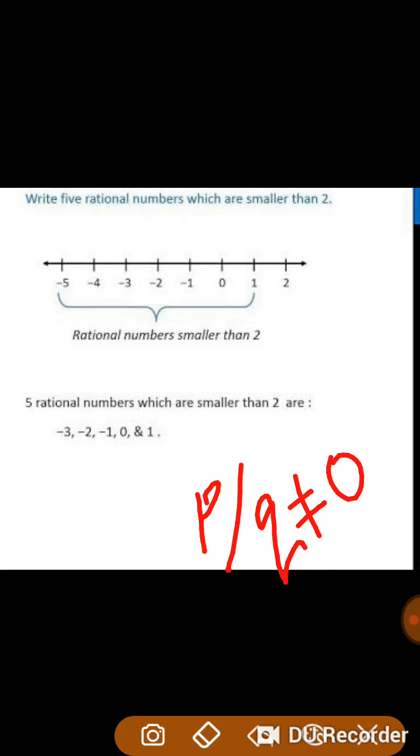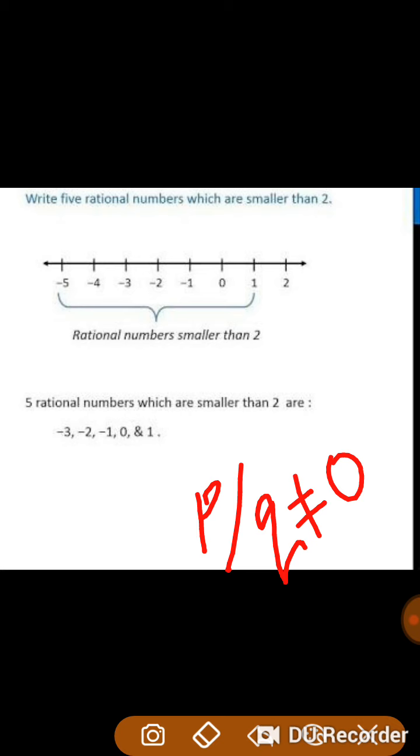Students, in a number line, as we know that any number which is written to the left of a particular number is smaller than that number, whereas the numbers which are written to the right of a particular number are greater than that number on a number line.